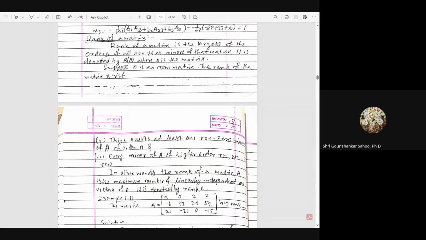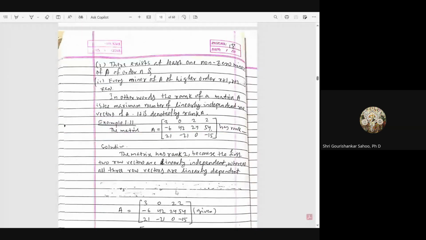So if A is an n cross n matrix, the rank of the matrix is r if and only if there exists at least one non-zero minor of A of order r, and every minor of A of higher order, r plus 1, r plus 2, is 0. In other words, you can say the rank of the matrix A is the maximum number of linearly independent row vectors of A. So it is denoted by the rank of A.